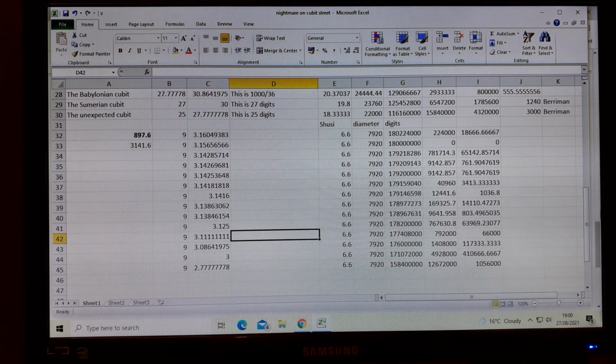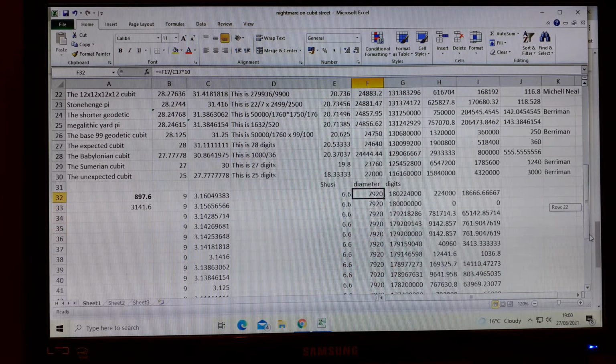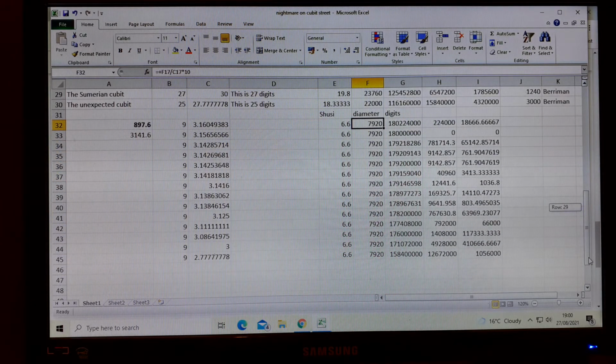And what we've also got in this model is the Earth circumference diameter. We just do the same thing. We divide in the Cubit there by this version of pi, and we're dividing the Earth's circumference there by this version of pi, and we're getting a fixed diameter of 7920 miles. And we all know that there are 792 inches in a chain.